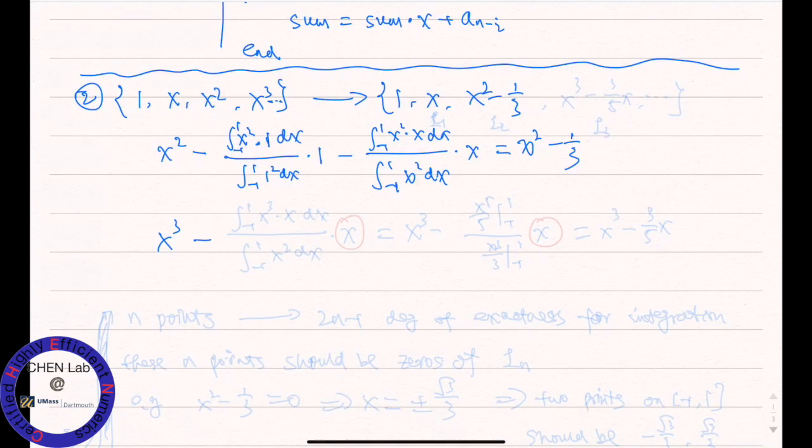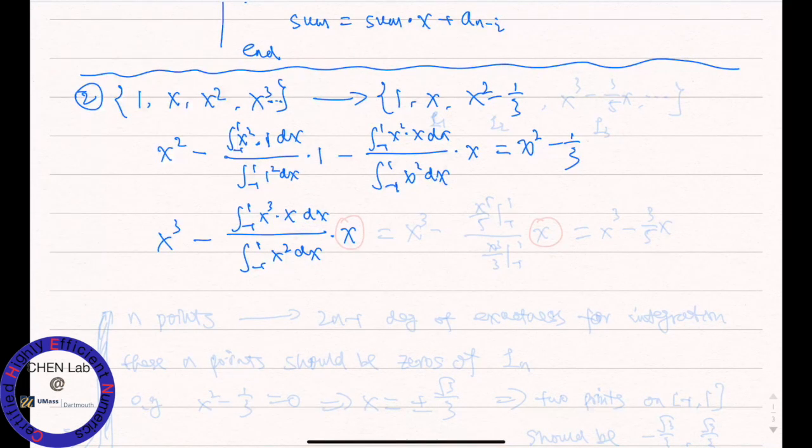So you'll need to compute the integral of x cubed times x dx divided by the integral of x squared dx. And don't forget about multiplying by what? X. That's a very common mistake.